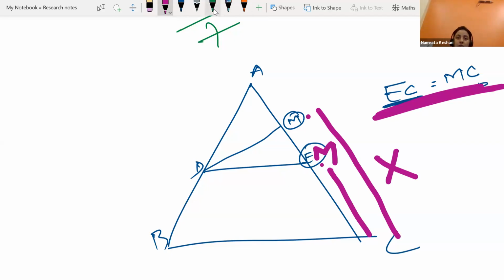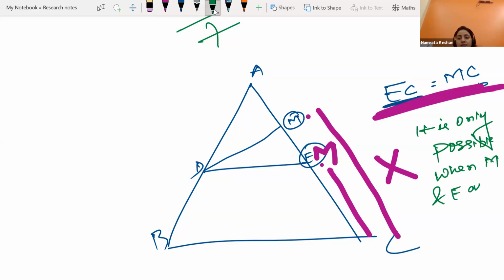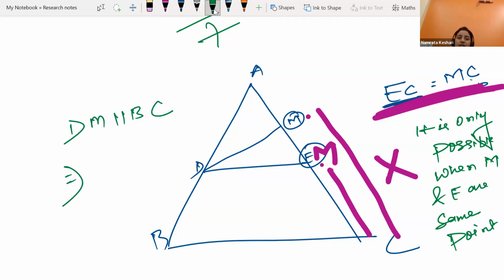Here we will write, EC and MC being the same is only possible when M and E are the same point. Then only this distance, this length, will be the same. And if it is the same point, then our assumption that DM is parallel to BC implies that DE is parallel to BC. Yes or no?